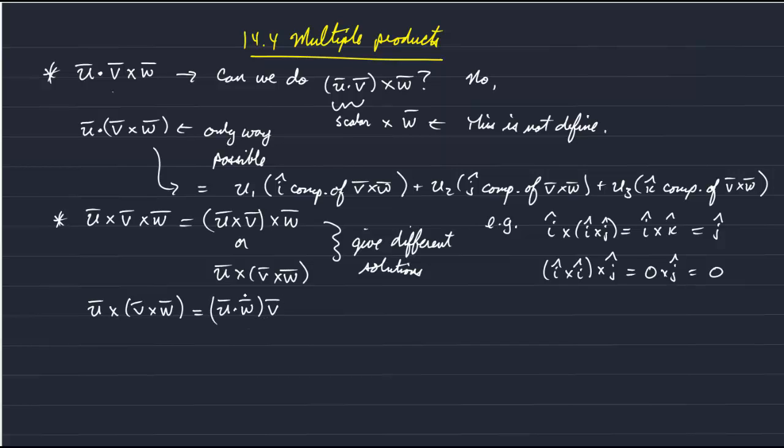So this is a vector with a magnitude defined by the product of v times the scalar u dotted with w, minus u dotted with v, which is the scalar that amplifies the magnitude of w. So this is one vector identity.